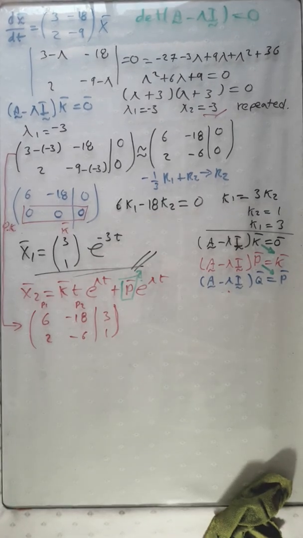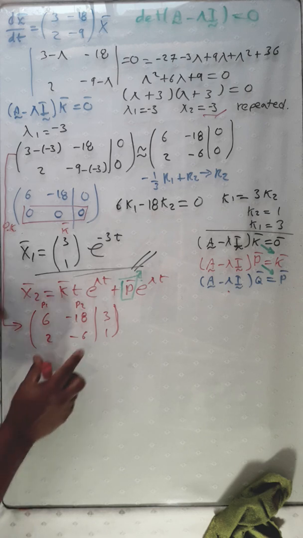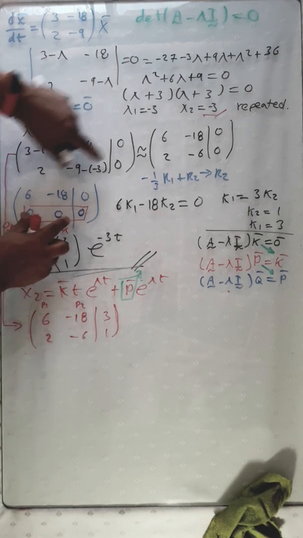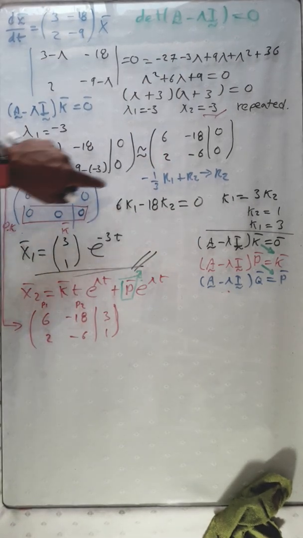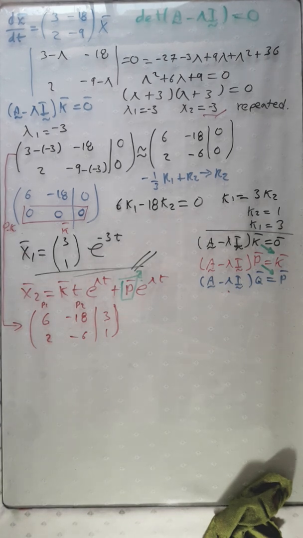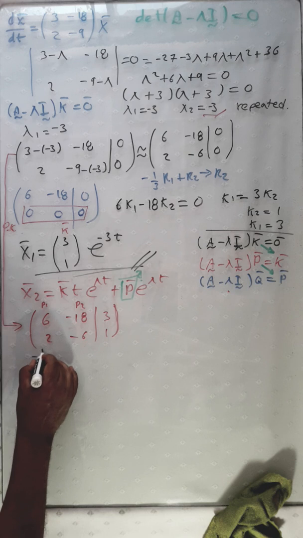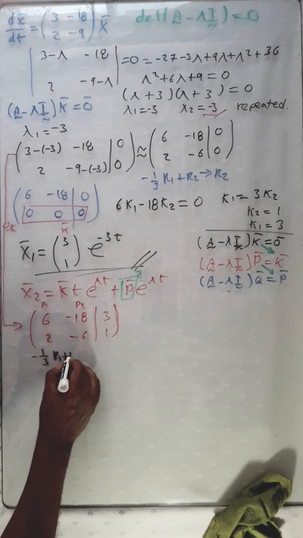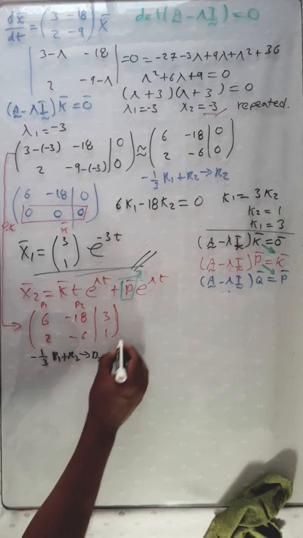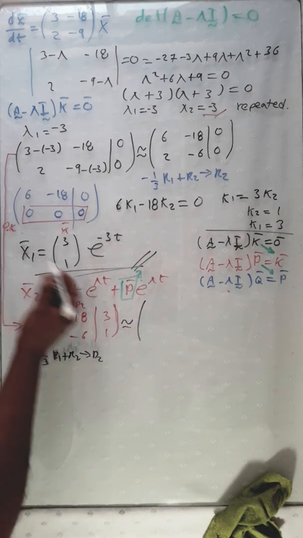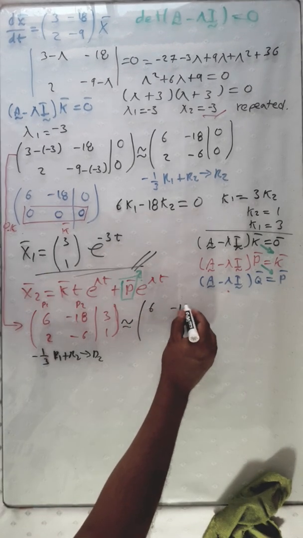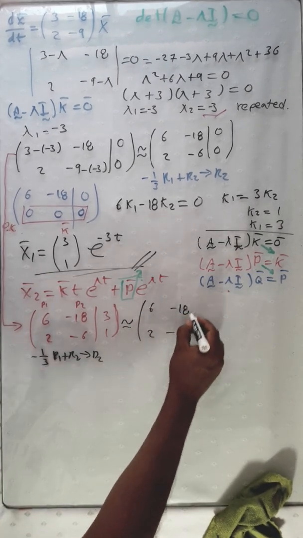Now this is going to be very easy, engineers, because this part is kept the same, so it's going to be the same operations. Minus 1/3 of the first row plus the second row, and you save it in the second row. 2 and minus 6 don't change.